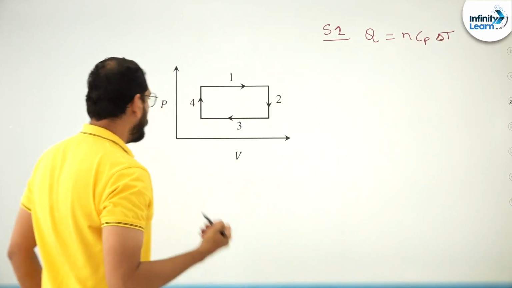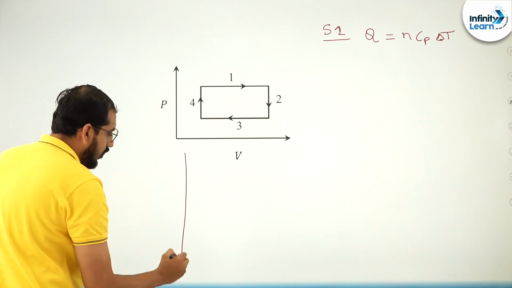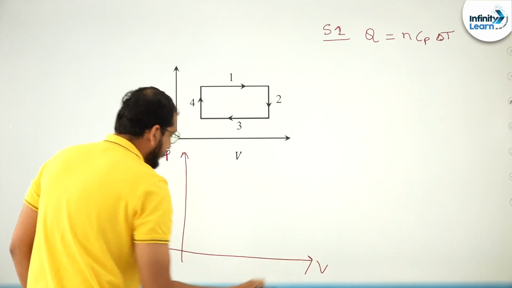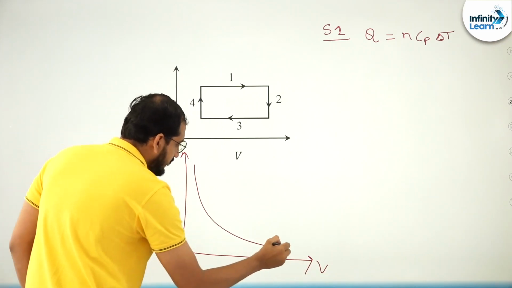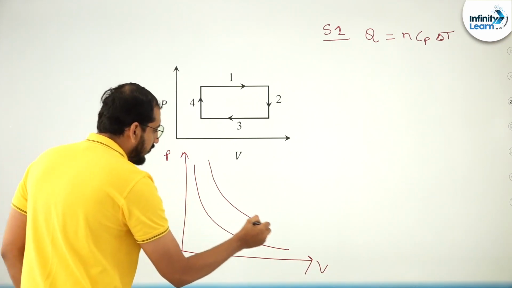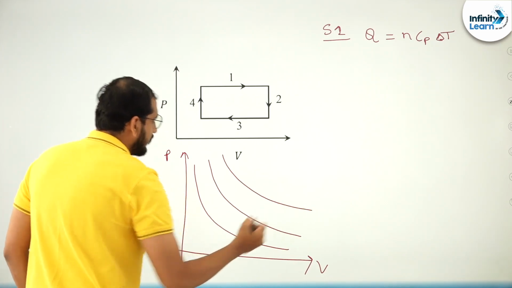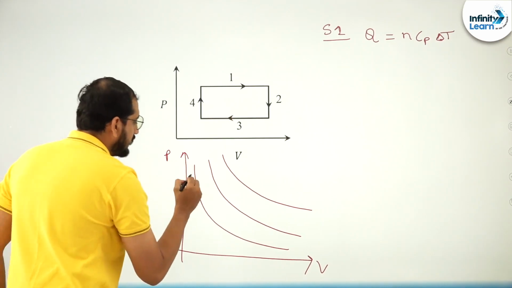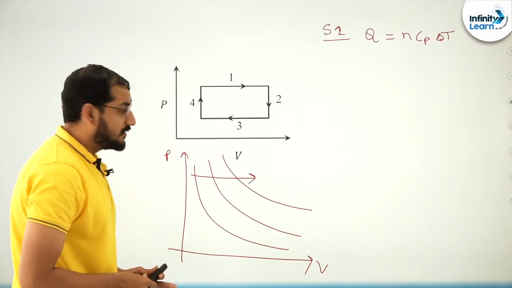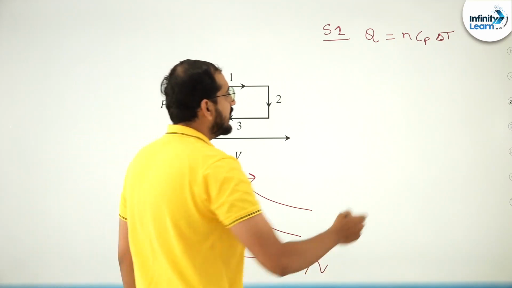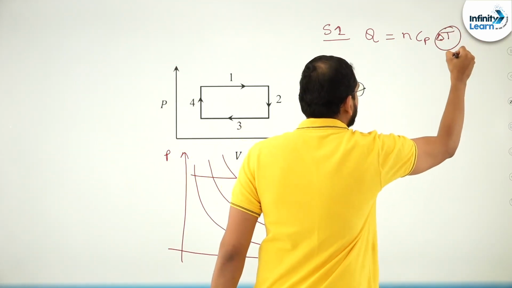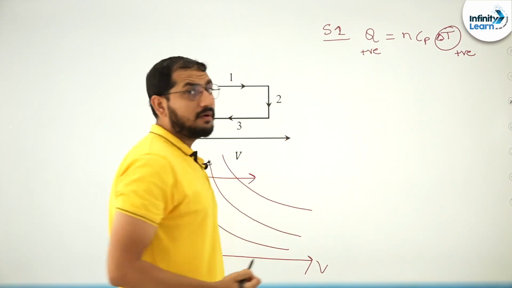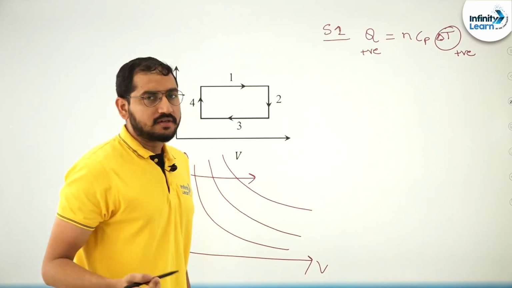If I draw the isotherms in the PV diagram, those isotherms look like this. This is the lower temperature, and as I go upward, the temperature will increase. So if I look at this arrow, I'm going this way. It means the temperature is increasing, so delta T is going to be positive, so Q is going to be positive. So yes, in step number one, the value of Q is going to be positive.